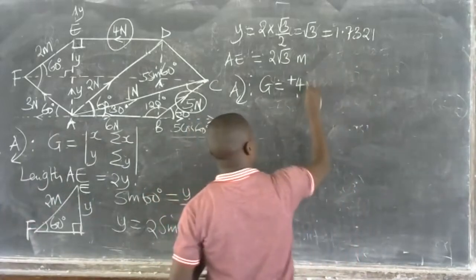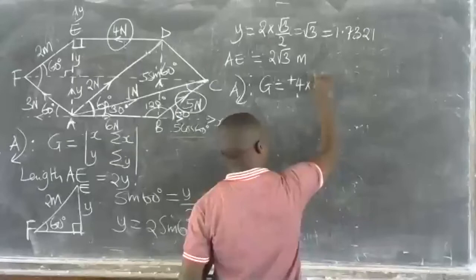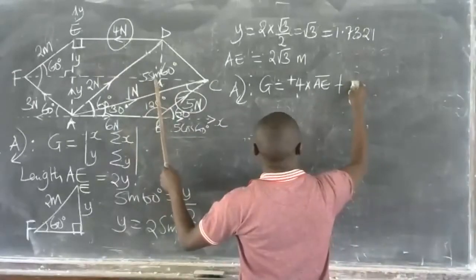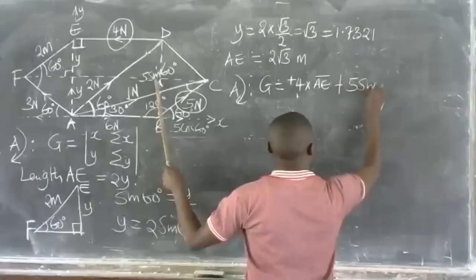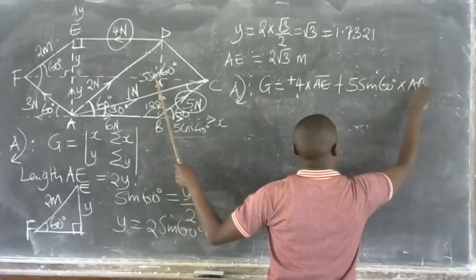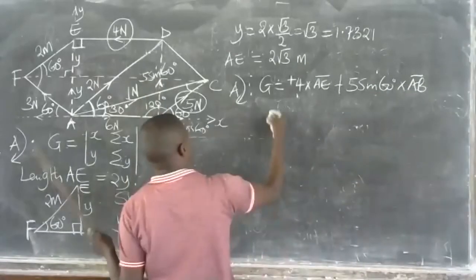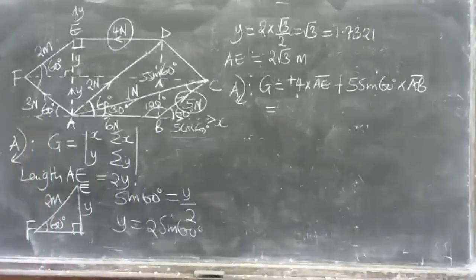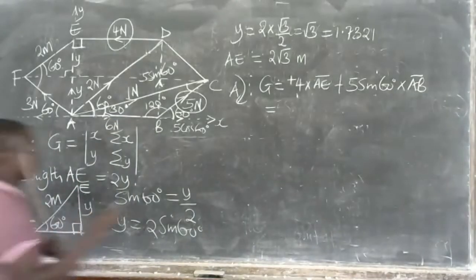This force, the perpendicular distance is AE. Plus, this is anti-clockwise, 5 sine 60 degrees times the perpendicular distance, which is AB. But this can cause confusion because you might forget the signs of the moments. At times they are negative and at times positive.